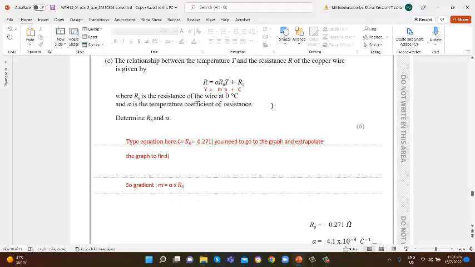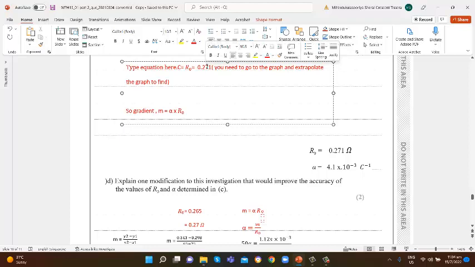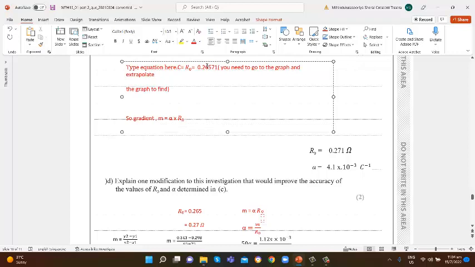Maybe you will get 271 or 265. I'll make it 265 because when I drew it I got 265. But now in my graph the line was a little twisted.